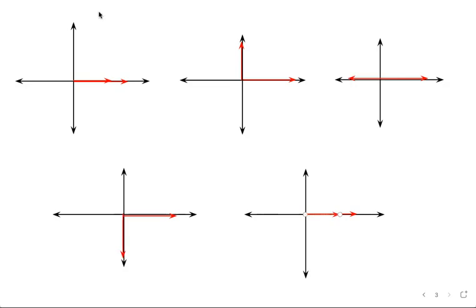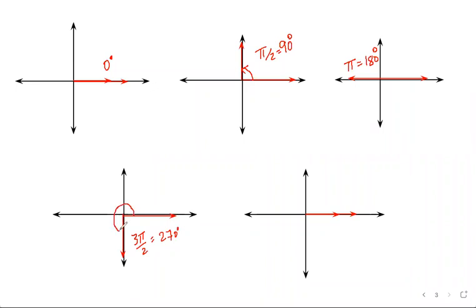So here's 0 degrees, and the same thing, 0 radians. Here the angle is pi over 2, 90 degrees. Here is pi, equal to 180 degrees.